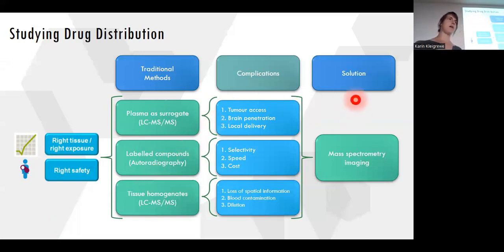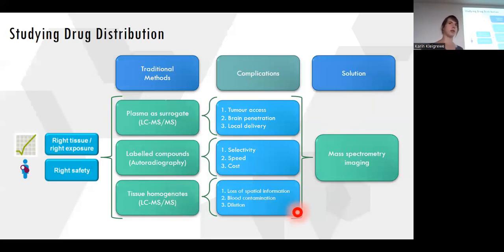So obviously, plasma is only a surrogate. It's not actually the tissue you want to look at. You don't know what happens in the tumor, you don't know what happens in the brain, and generally how it distributes in the body. You just know how long it circulates in the plasma. With tissue homogenates, you can see how it goes into your tissues, but you lose all that spatial information, like Karin explained already. You can also have contamination through blood.